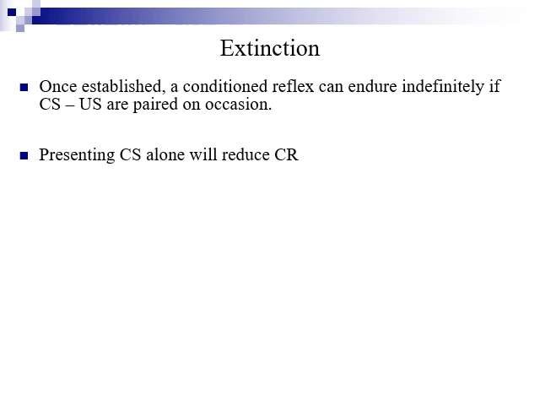But every time we present the CS by itself, it reduces the strength of the conditioned response. If we present a CS by itself, that means that we are breaking up the contingency between the CS and the US. We're breaking up the contiguity between the CS and the US, and the predictiveness between the CS and the US. So every time we do that, it's called an extinction trial.